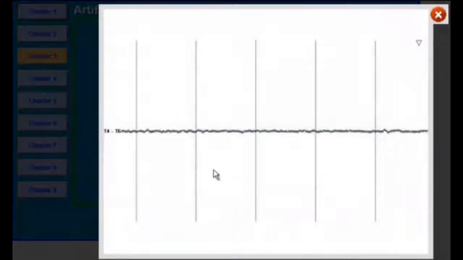What you have here is a 60 cycle artifact. These green lines separate the EEG by 1 second. If you count all these waves, you will see that there are 60 waves during this 1 second. A 60 cycle artifact is recorded from electrical outlets. Basically, it's the electrical outlets that spill the 60 cycle artifact on the EEGs.